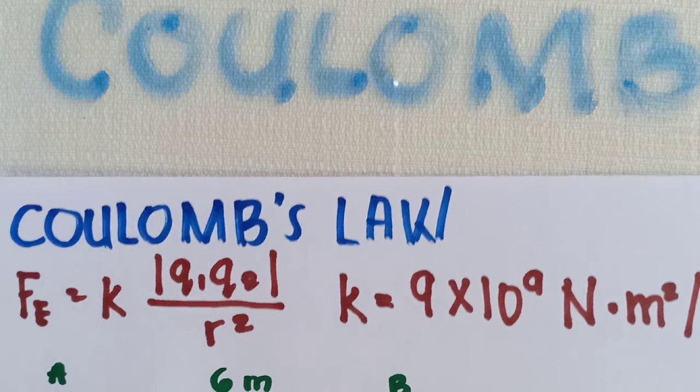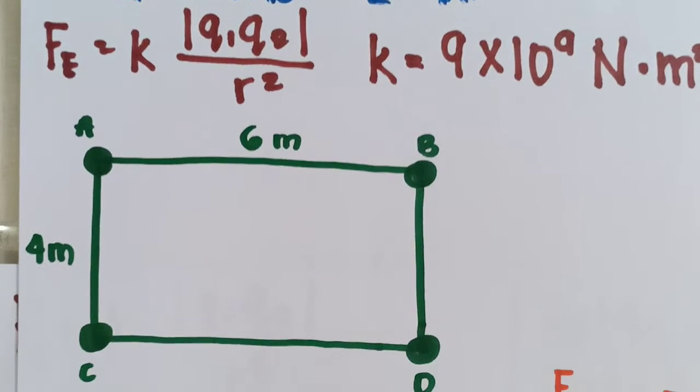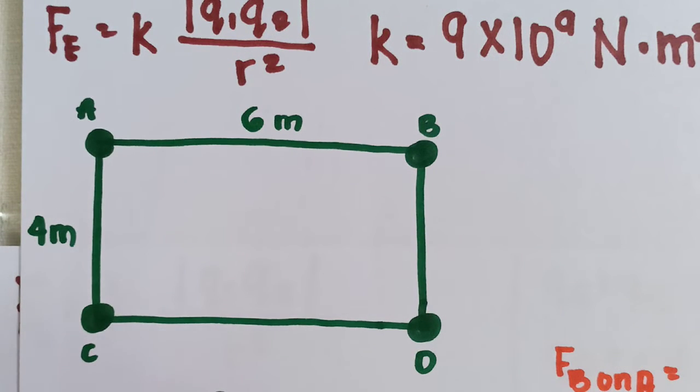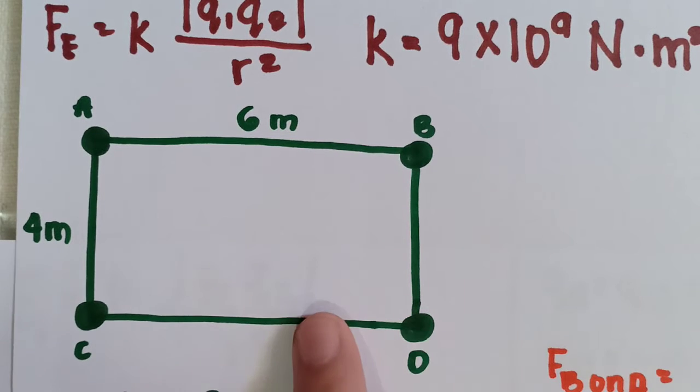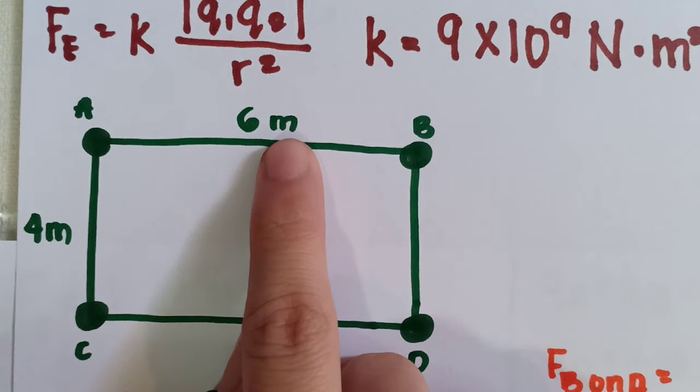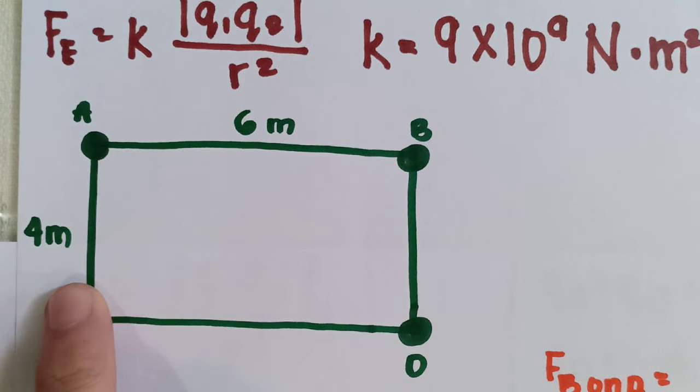So in this problem, I have here 4 point charges found at the corners of a rectangle. This is a rectangle with a length of 6 meters and a width of 4 meters.